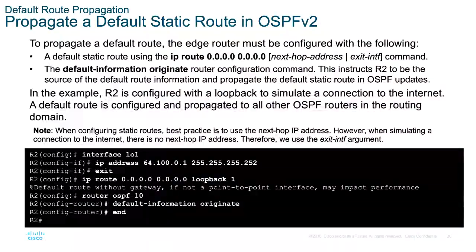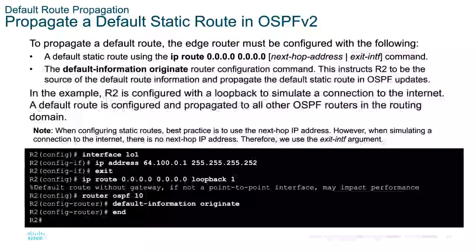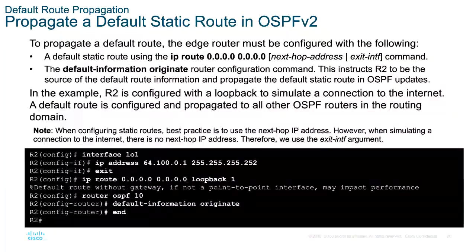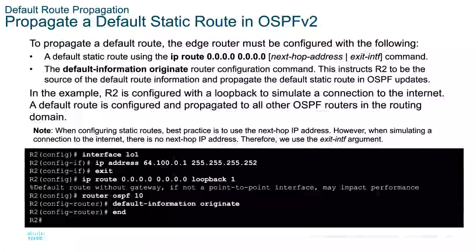So, in this example below, we've configured loopback interface 1 as our de facto internet connection, and we've created a static route pointing to the loopback interface with our quad 0.